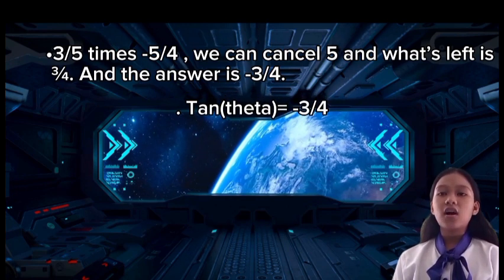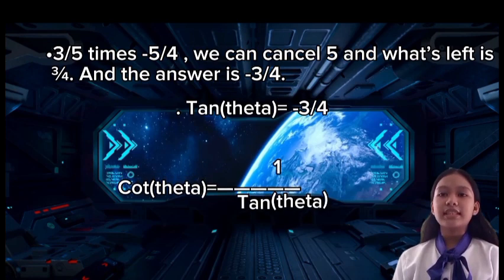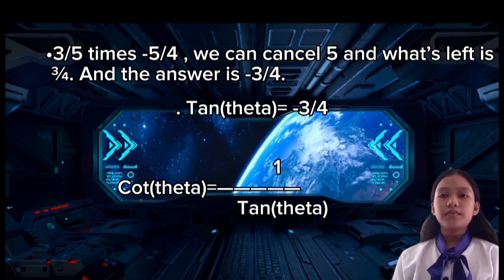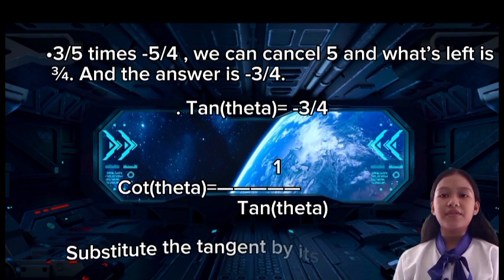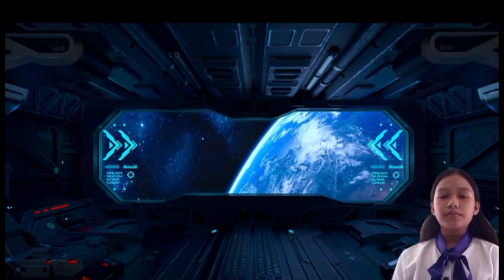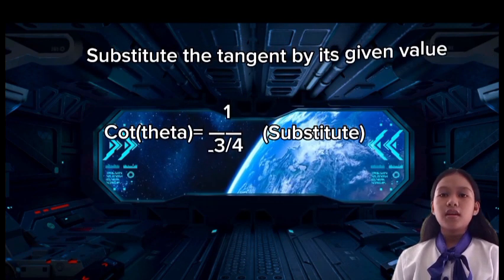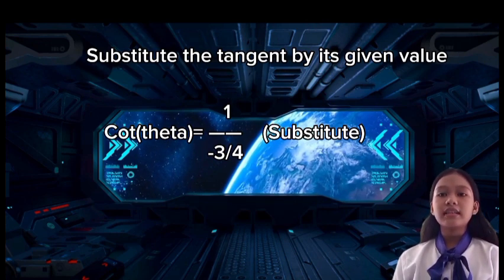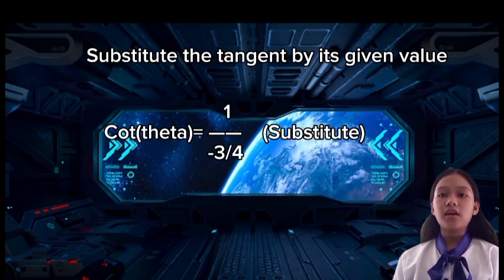And lastly, the cotangent. Cotangent theta is equal to 1 over tangent theta. Substitute the tangent by its given value. Cotangent theta is equal to 1 over negative 3 over 4.